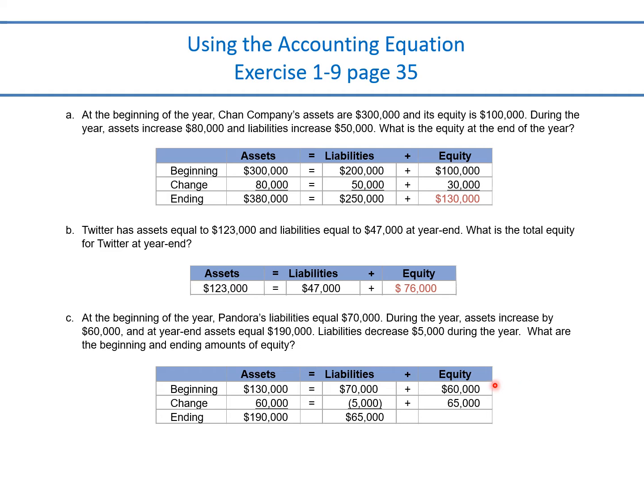So $60,000 plus 65 increase in equity during the year means we end the year at $125,000 of equity. So the question that the problem is asking us is, what are the beginning and ending amounts of equity? Your beginning amount is $60,000 and your end amount is $125,000.